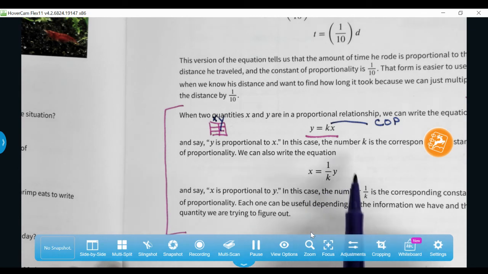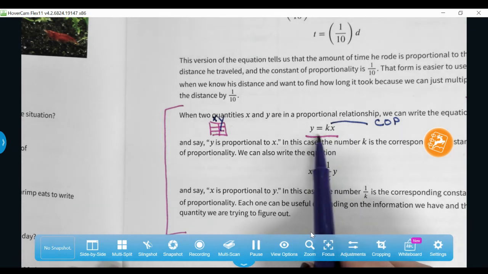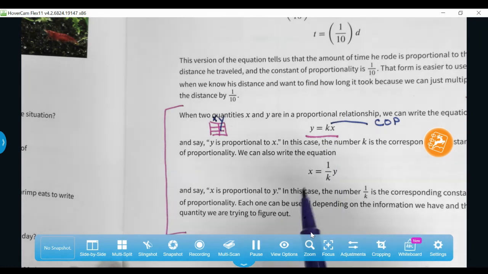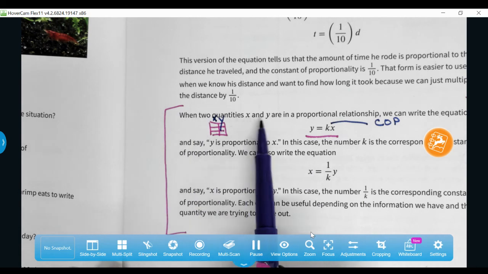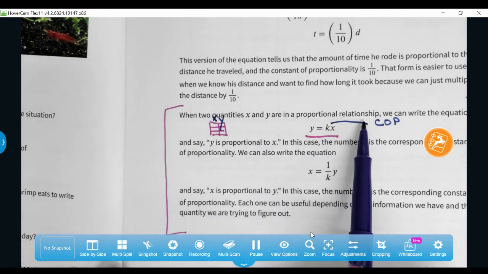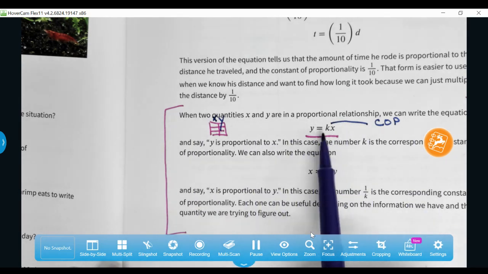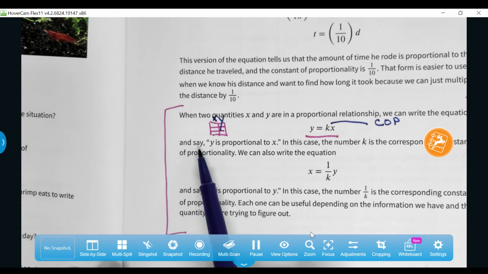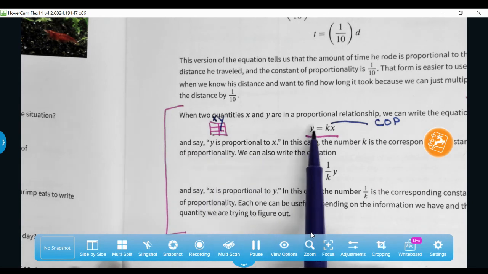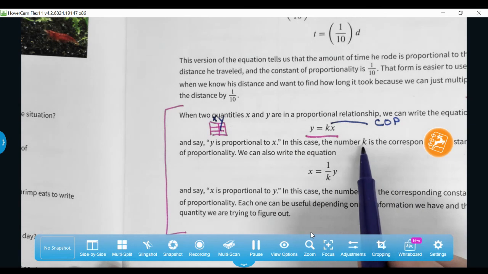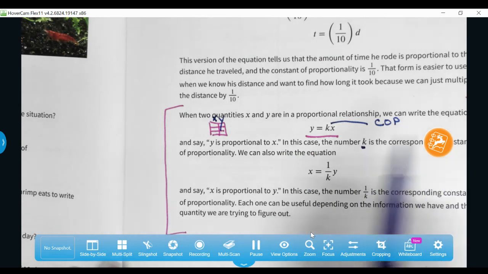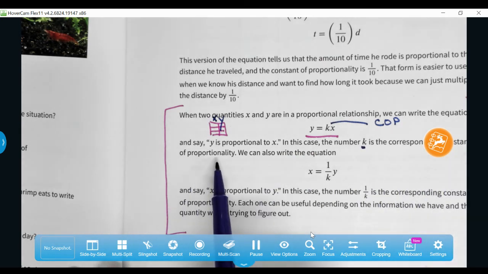And then we also know that we can undo this by having the x here, and that it is 1 over k times y. So when two quantities, x and y, are in a proportional relationship, we can write the equation this way, and say y is proportional to x. In this case, the number k is the corresponding constant of proportionality.